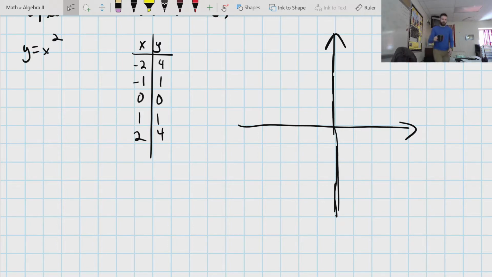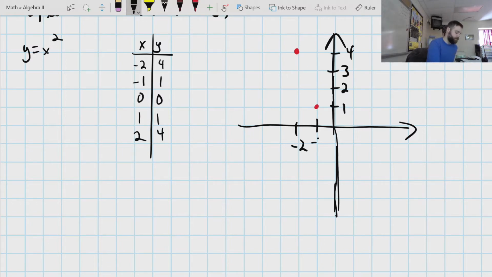So hopefully you've had a go at it. I'm going to graph these in red. So -2, 4 is here. That's just that first coordinate. -2 is your x value, and then +4 is your y value. And then your next one is -1, 1. And then your next one, 0, 0.